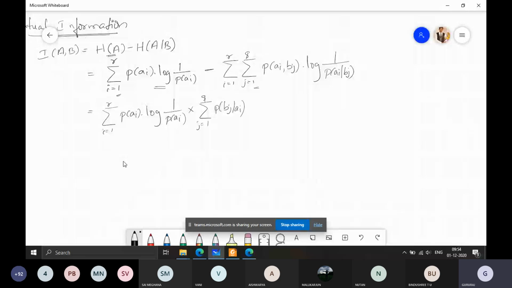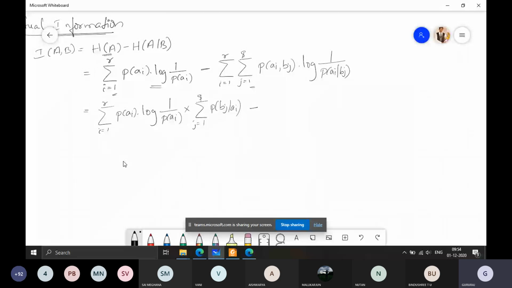Fine. The next term will be as it is: minus the summation i = 1 to r, summation j = 1 to s of p(ai, bj) log 1/p(ai/bj).